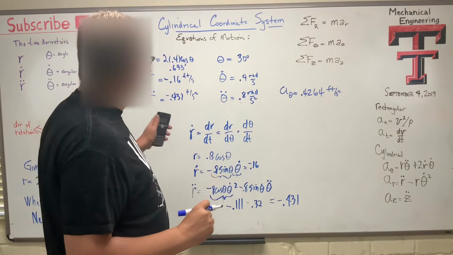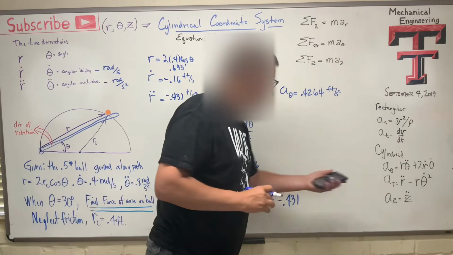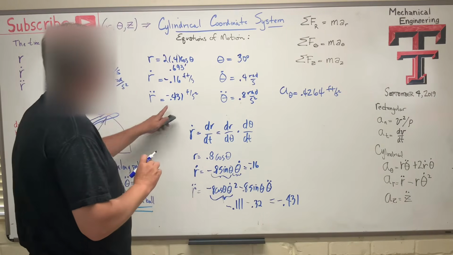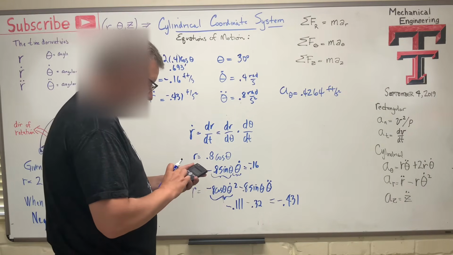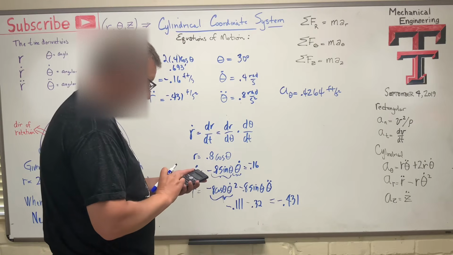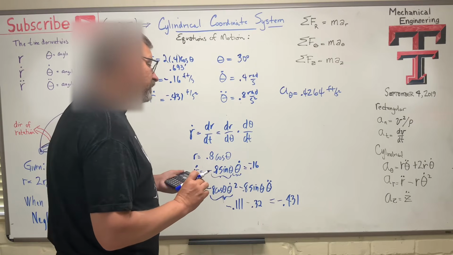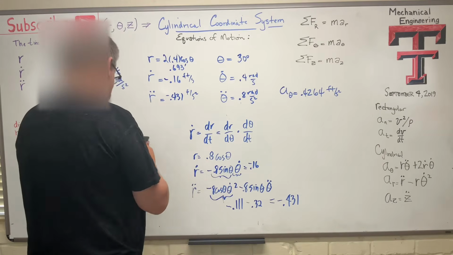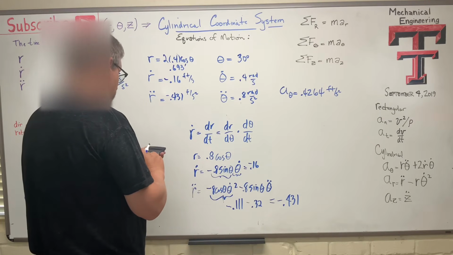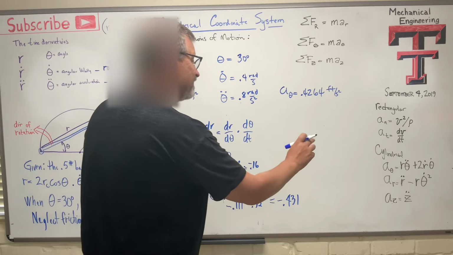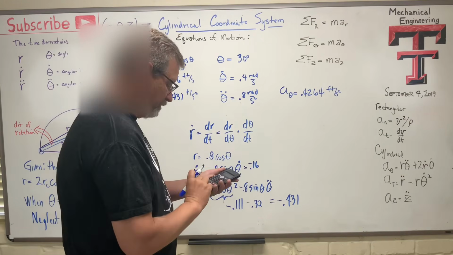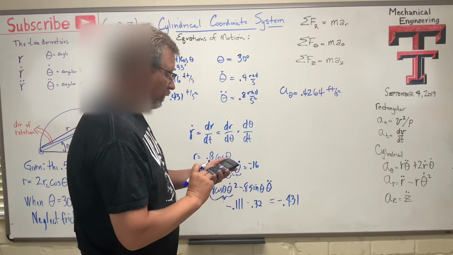And then our a r right here is going to be r double dot, which is negative 0.431, minus r, 0.693, times theta dot squared, so 0.16, equals.